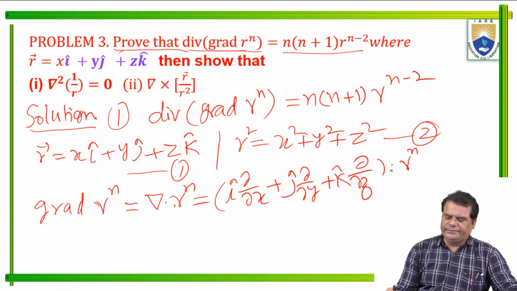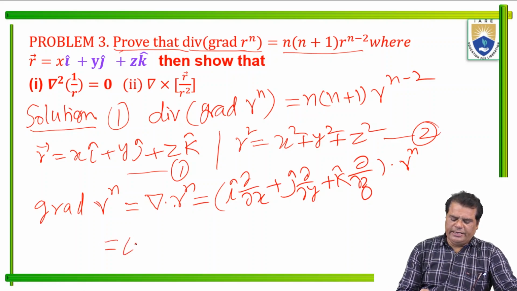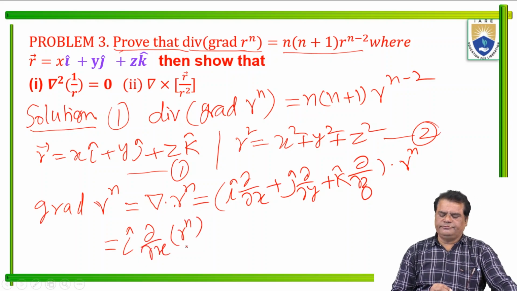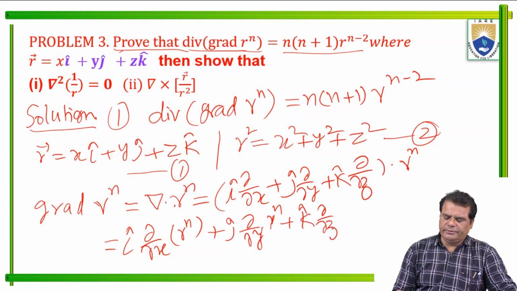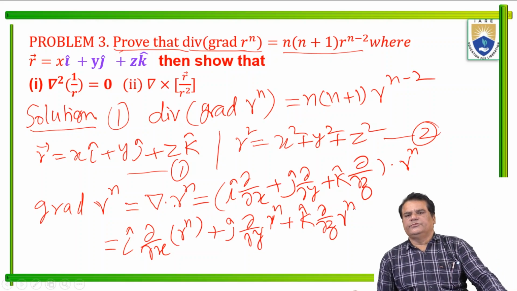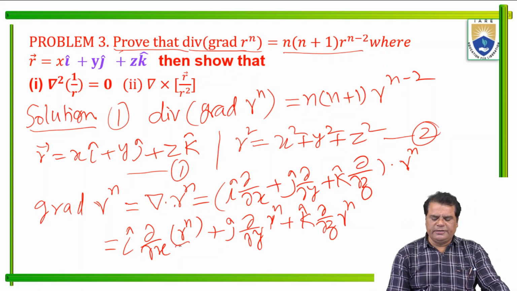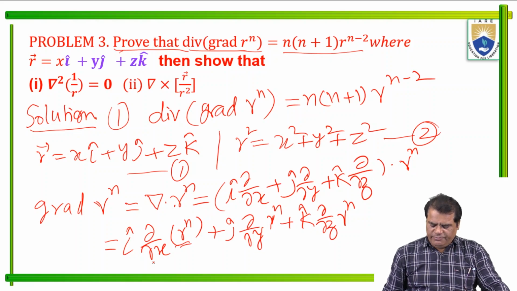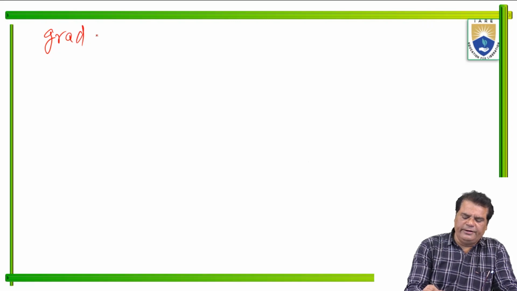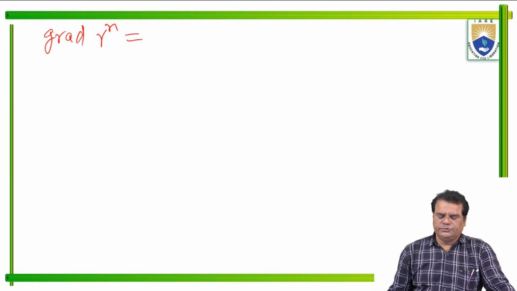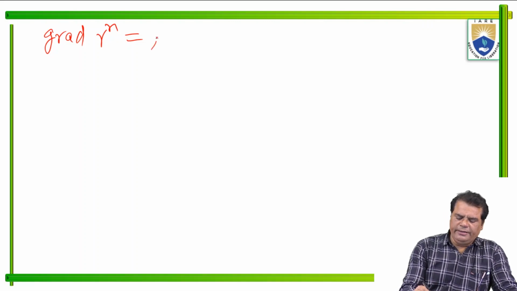Taking this inside, we get i dou over dou x of r to the power n plus j dou over dou y of r to the power n plus k dou over dou z of r to the power n. Differentiating this function with respect to x, we get the value of grad r to the power n.